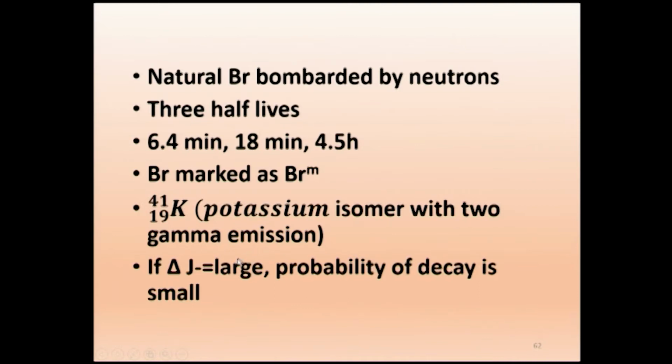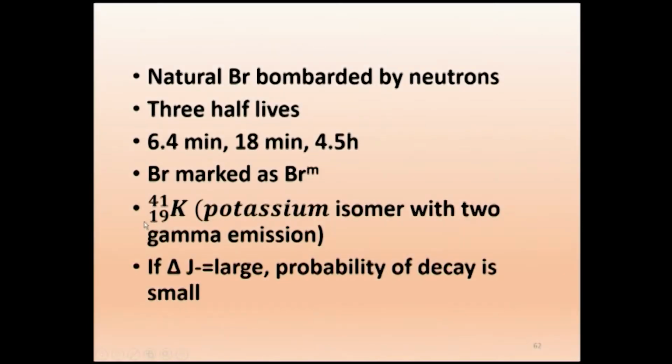Now when you talk about the gamma emission, how do you get this isomeric state? If delta J is large, the probability of decay is small. So there we have a parent energy level, and for example potassium has one energy level, and then the metastable and ground state. Between the excited state and ground state, delta J is small, namely delta J equal to 1, so it comes out fast without any hindrance.